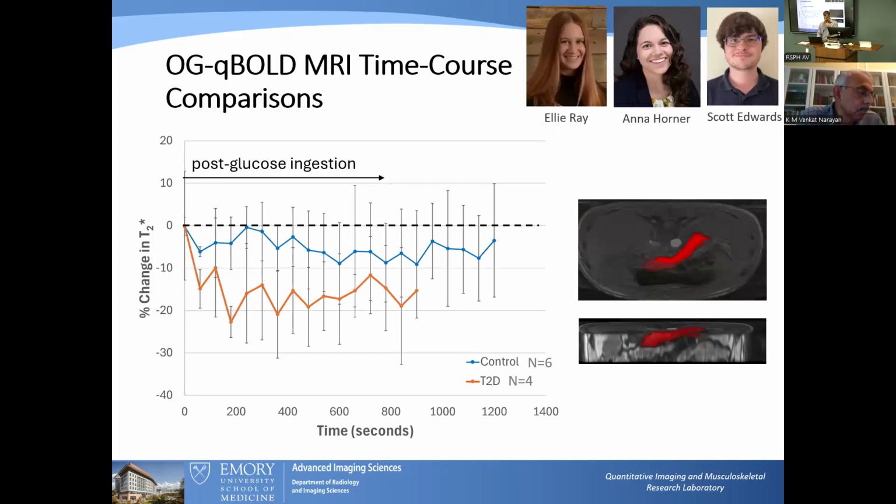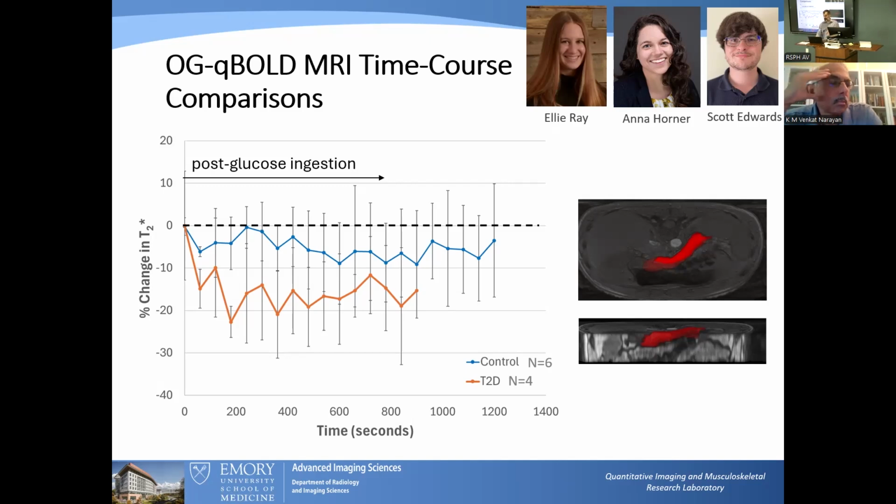And in fact, thanks to Dr. Belanki's efforts recruiting type 2 diabetes patients for this and helping to fund this, and these students in my lab that have really spearheaded the analysis part of this work, you can see that we've got some preliminary results showing that in control subjects, this BOLD response that I'm showing you, this drop in T2 star in healthy individuals, is different than it is in patients with type 2 diabetes. You can see that, and this is statistically significant when we take things like area under the curve and average, the aggregate drop in T2 star.